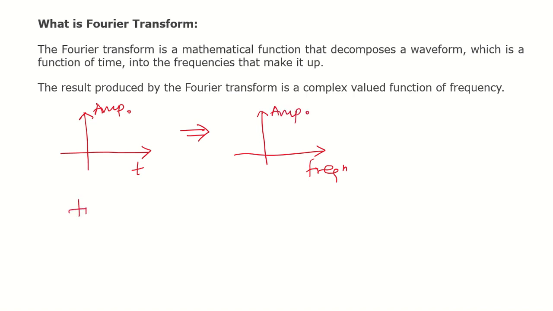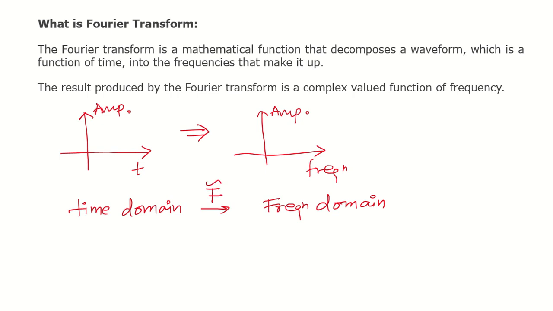So this is a time domain signal, and this is a frequency domain signal. So this is what the Fourier transform does.